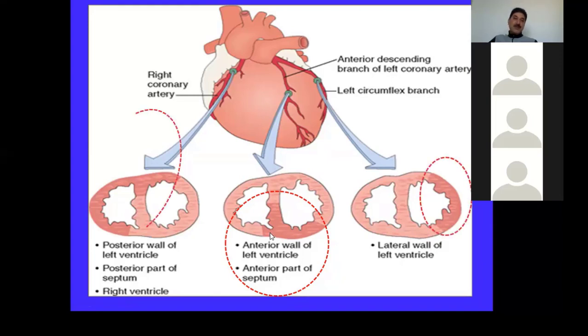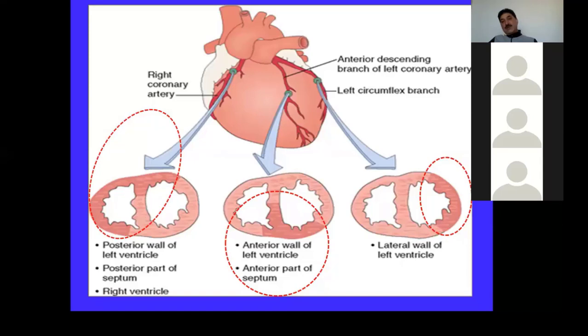Now if we go to the left circumflex branch, it supplies the majority of the wall of the left ventricle. Now if we go to the right coronary artery, you can see it supplies the whole of the right ventricle, and it supplies part of the interventricular septum. Which part? Posterior 1/3.